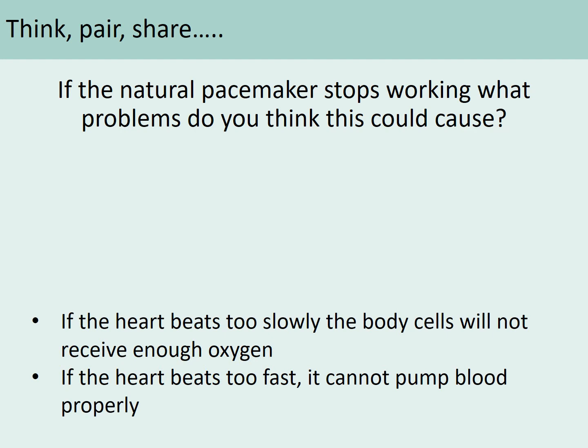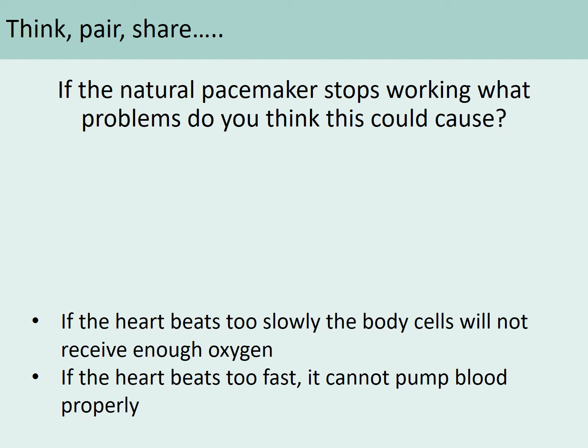Okay, so there's kind of two main problems that occur. It causes your heart to go too fast, or it causes your heart to go too slow. So if the heart beats too slowly, it means there's not enough oxygen and glucose getting to all your cells for respiration.